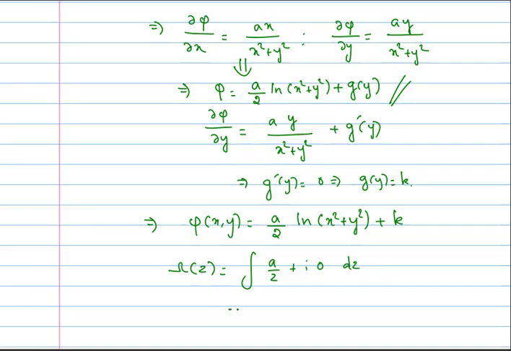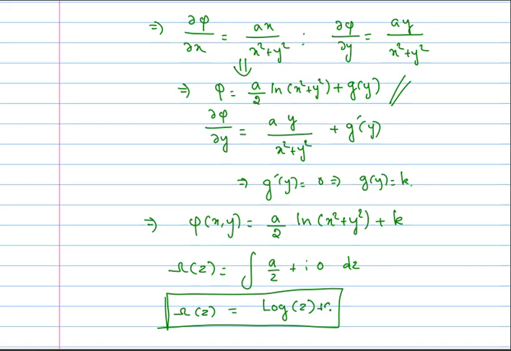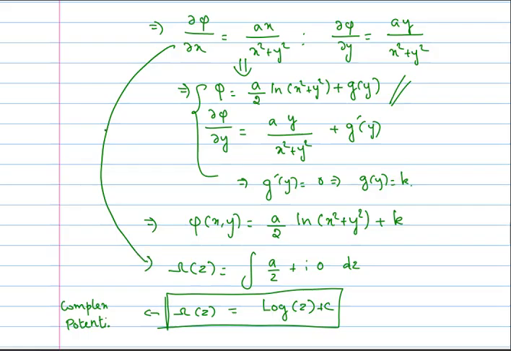If you integrate, you will get a natural logarithm of z plus some integration constant. This is our complex potential. So you need not calculate dou phi and psi also; directly you can apply this result from the Milne-Thomson method.